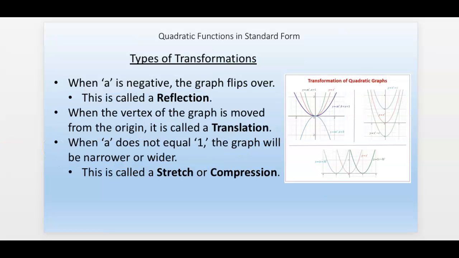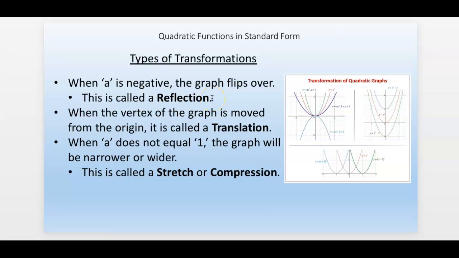The last thing I want to talk about is these types of transformations. We've looked at them, but we haven't really talked exactly about these particular words. You're going to need this for the homework check. When a is negative, the graph flips upside down. That's called a reflection. It's a type of transformation.